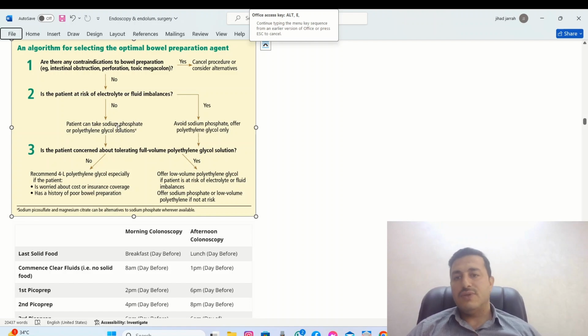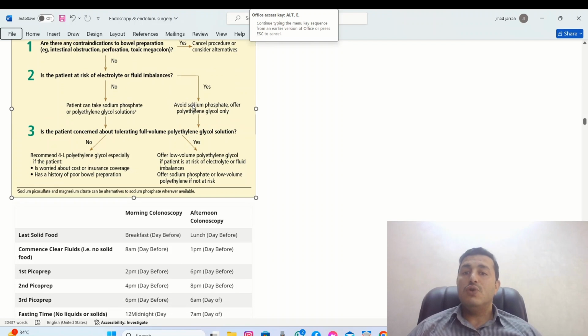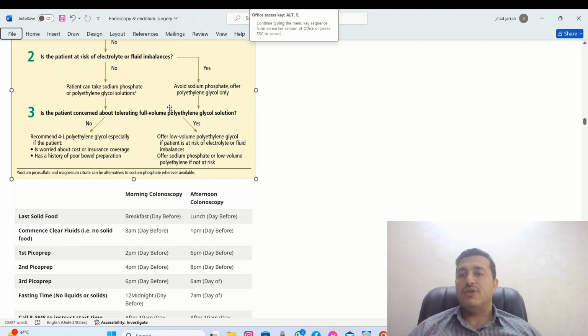If he has a problem with electrolyte or fluid imbalance, we avoid sodium phosphate and offer only polyethylene glycol. And if he has fluid imbalance, low volume polyethylene glycol is sufficient. Third question: is the patient concerned about tolerating full volume?